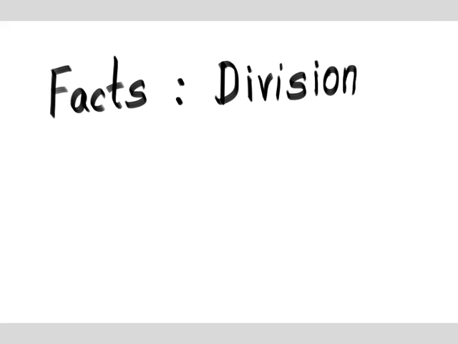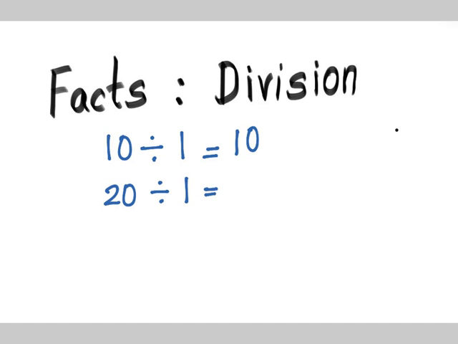Let us see some facts about division. When we divide any number by 1, for example, 10 divided by 1, the answer will always be the original number. That means the answer must be 10. 20 divided by 1, the answer must always be equal to the dividend.